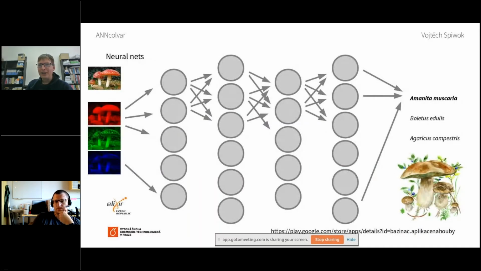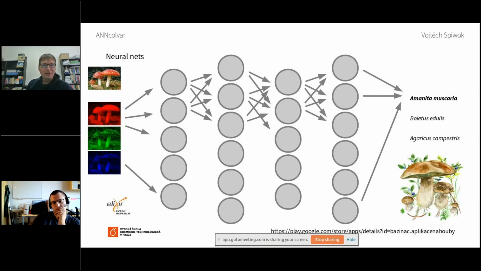So our idea was to use neural networks to do this task, and my favorite neural network to explain neural networks is like there is an app on Google Store which you can install to your phone, and you can use it to recognize mushrooms.